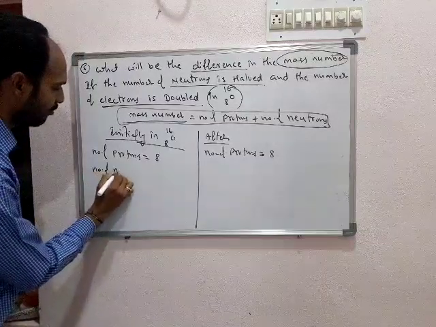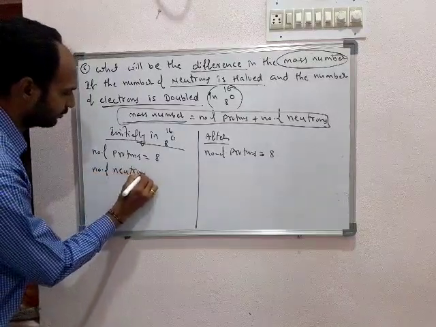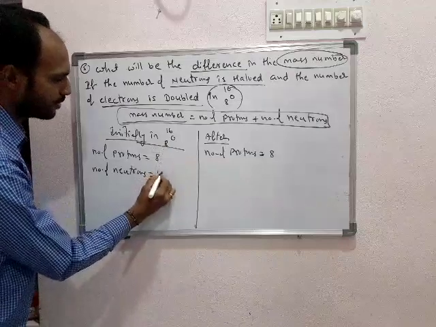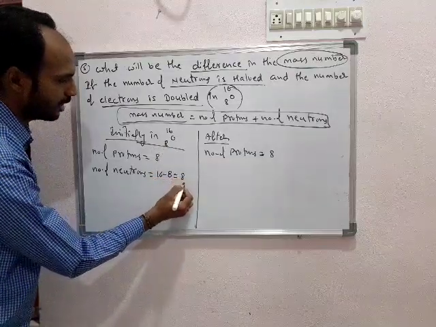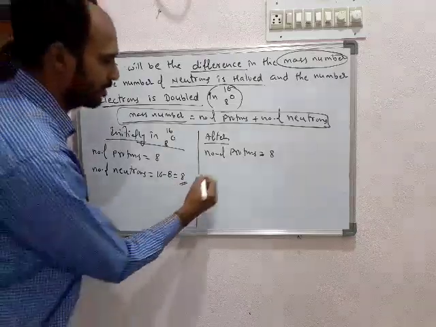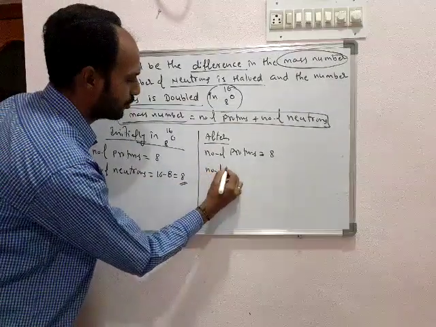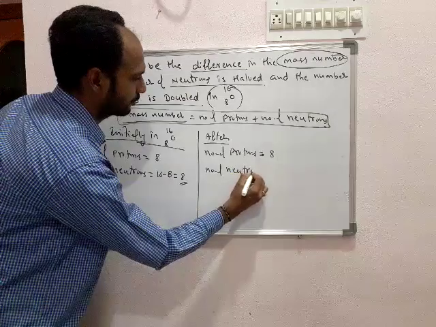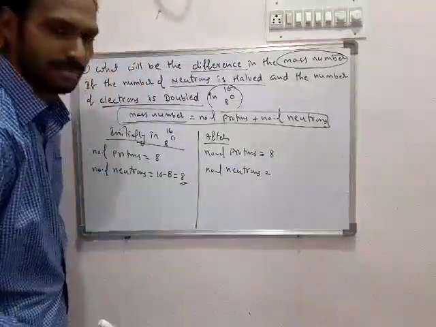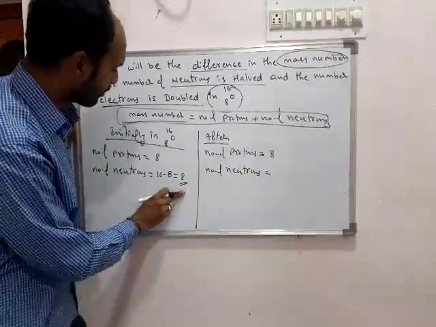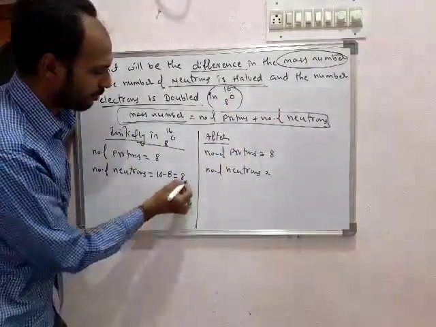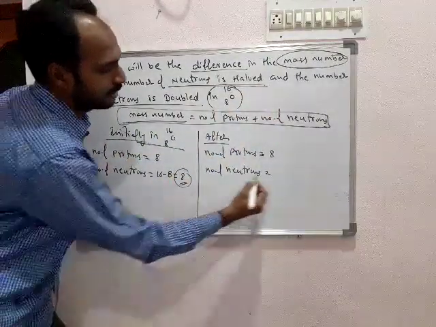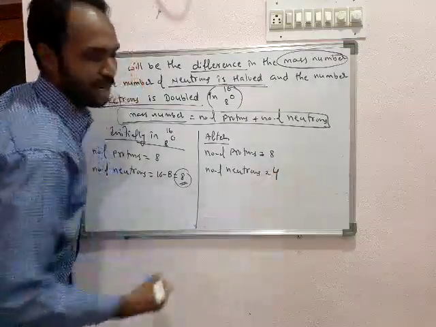Next, initially the number of neutrons: here 8 neutrons are present, but the neutron number is halved. Halved means 8 neutrons become 4 neutrons.